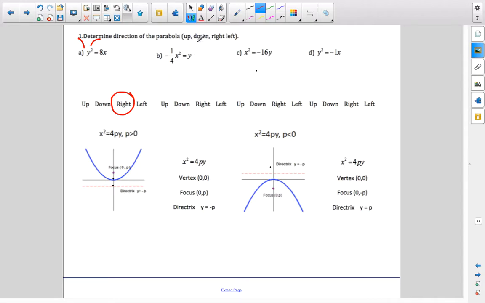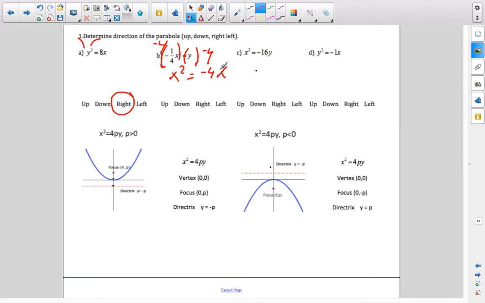Now this one I'm going to figure out a little bit. If I multiply this side of my equation by negative 4, so I'm going to take this whole side and multiply it by negative 4, negative 4 times negative 1/4 gives a positive 1. But I have to do the same to the other side. So I will have on the left side x squared equals negative 4y.